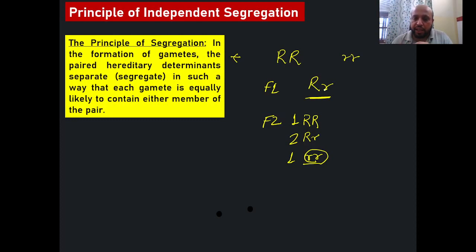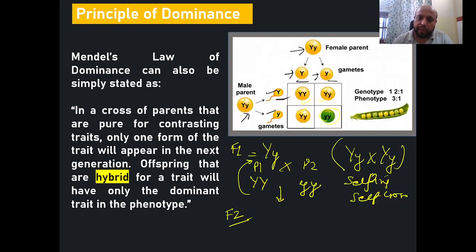In this particular case, it has been shown that the genotypic ratio is 1 is to 2 is to 1, and the phenotypic ratio is 3 is to 1, meaning they appear as the yellow seed color, or round seed shape, or tall plant type, or the purple flower color, whatever you want to say.